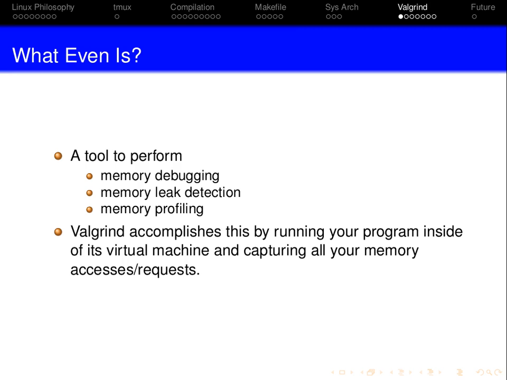All right, Valgrind. So Valgrind is a tool to help identify memory errors. Did y'all ever have seg faults in procedural? No? You're going to have them here. So there's a lot of problems with memory. In C++, you have to manage memory yourself.